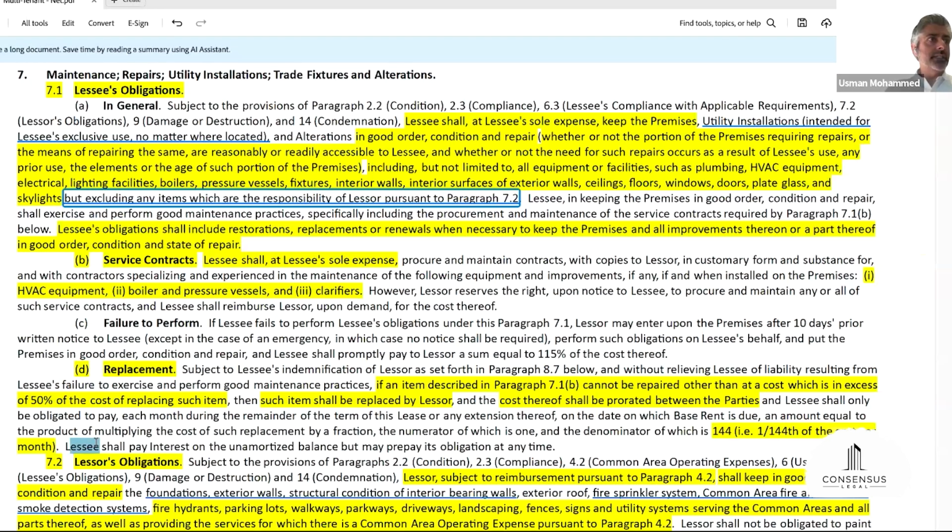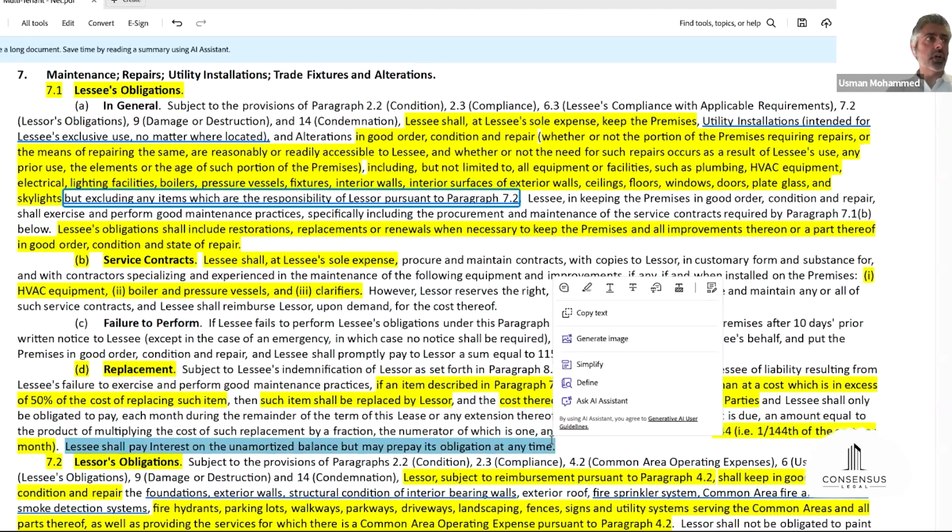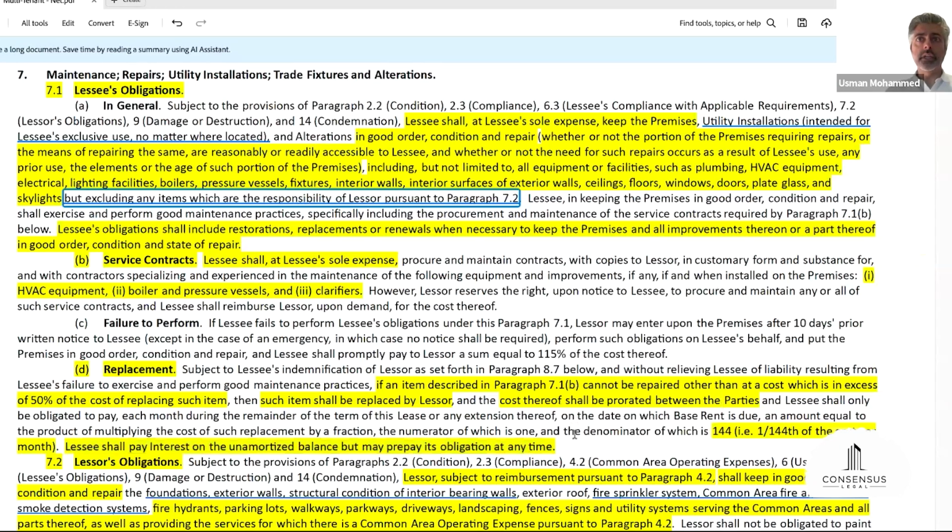And to point out this detail, which is an important detail, lessor can charge interest on the cost of replacing at a 10% rate pursuant to the AIR lease, but lessee can prepay its obligation.